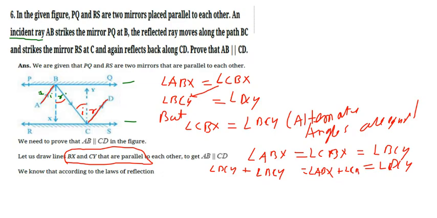Or we can say that angle ABC equals angle DCB. But they are alternate interior angles, and therefore we can say that AB is parallel to CD.